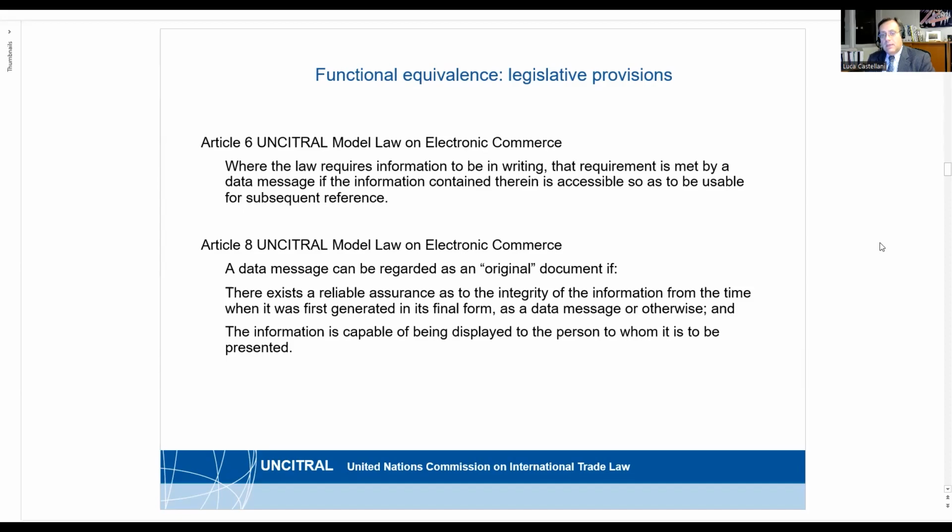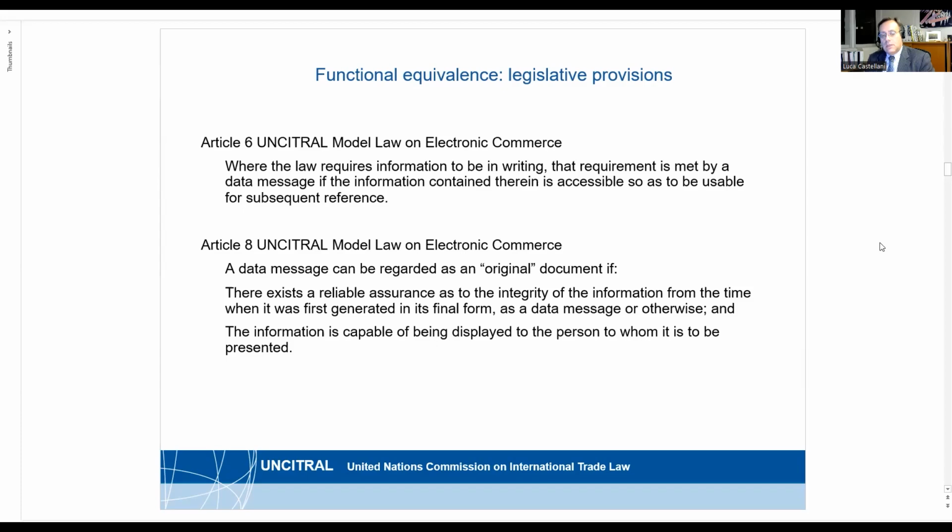But on the other hand, this standard is only about writing. So it's only about the information. It's not about the origin of the information or about the integrity of the information. Origin has to do with the signature. Who was the creator of the message? And integrity has to do with the notion of original.